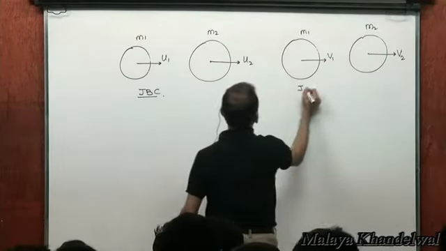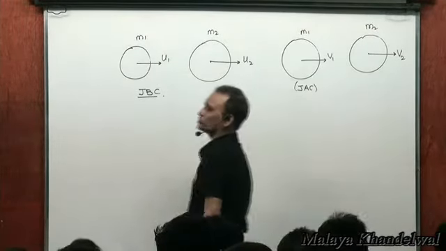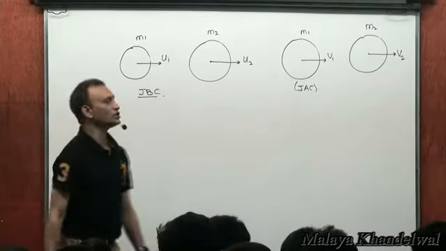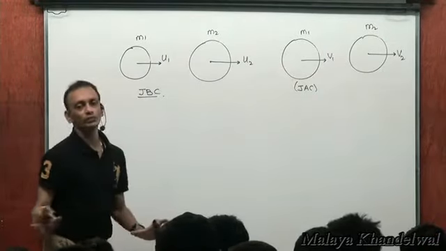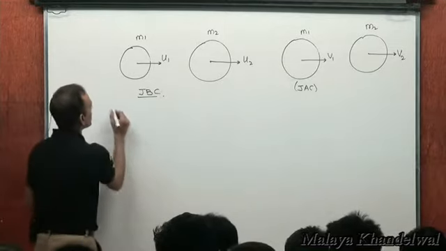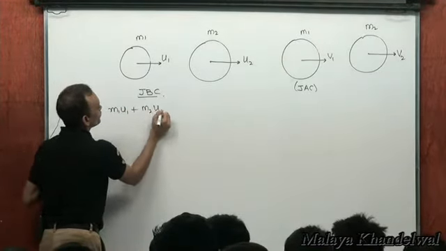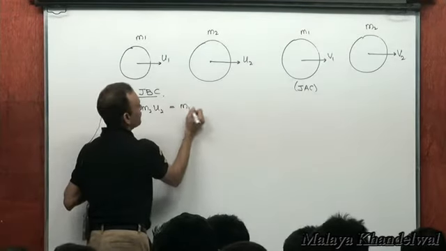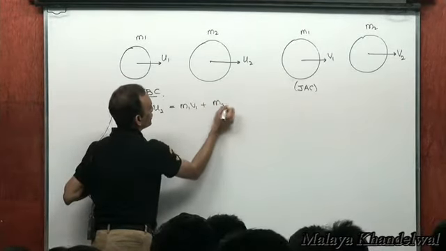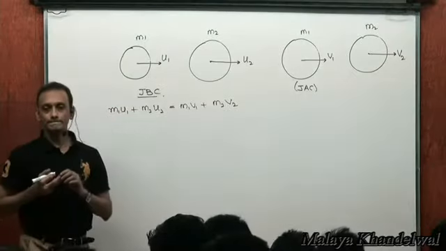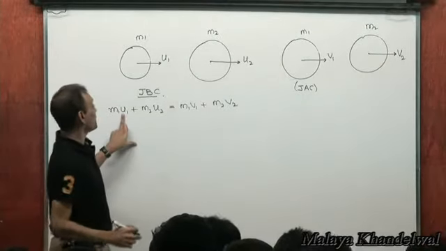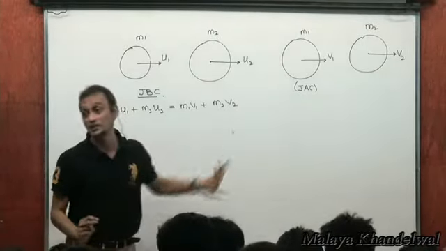Just after collision, no matter what the nature of collision is, the total linear momentum stays put. That means, say in this case, m1 u1 plus m2 u2 must be the same as m1 v1 plus m2 v2. And now these numbers u1, u2, v1, v2 are algebraic numbers.